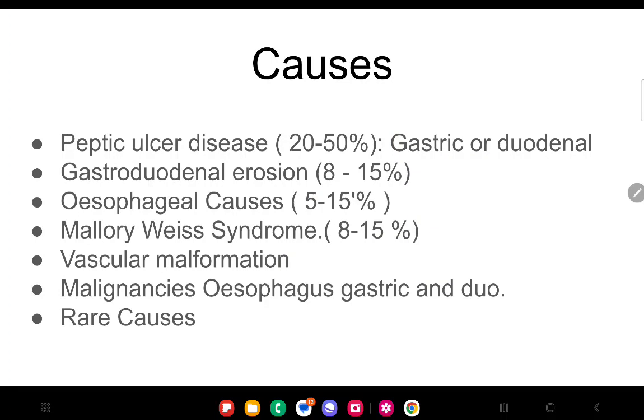Bilharziasis causes a lot of other problems. Esophageal varices can also occur due to causes other than bilharziasis. They can occur due to severe liver cirrhosis, which is most probably due to alcohol or other liver diseases.